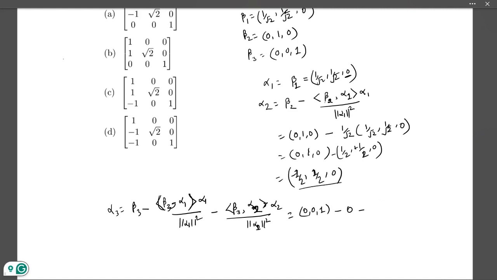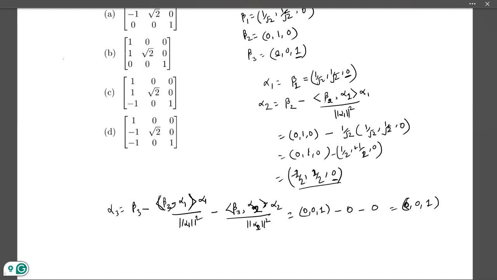Now this is your alpha 2, and beta 3 is 0, 0, 1. So alpha 2 is also 0 in the third coordinate. So when you take the inner product, they are 0, right? Beta 3's third coordinate is 1 and alpha 2's third coordinate is 0, so if you take the coordinate-wise product, everything becomes 0. So this is your 0, 0, 1 only.